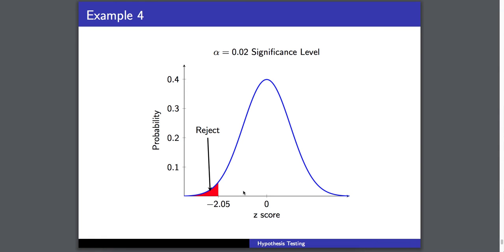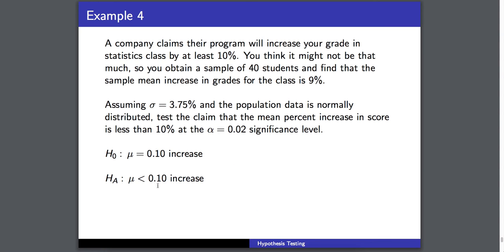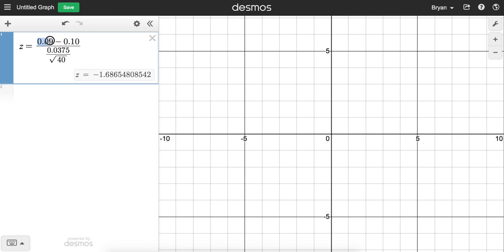So our test statistic is going to be our sample mean here, which is 9%, minus the population mean of 10%, all divided by the population standard deviation divided by the square root of our sample size of 40. So in this case, it's our 9% minus the claimed population mean of 10%, all divided by 3.75% as a decimal is 0.0375, and divide that by the square root of 40 to get our standard error highlighted in blue here.